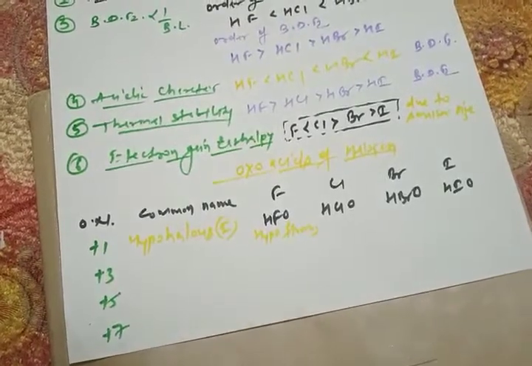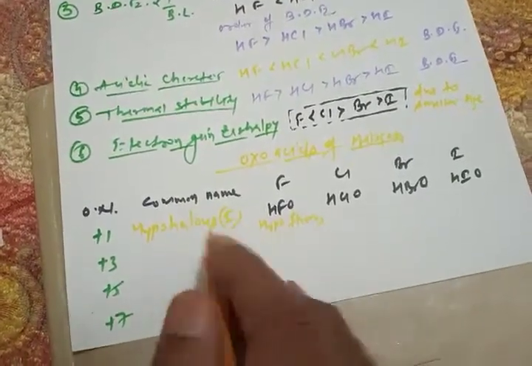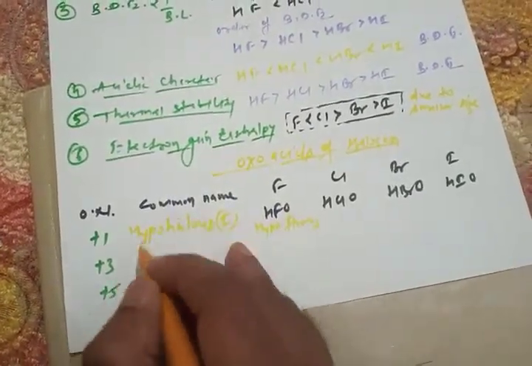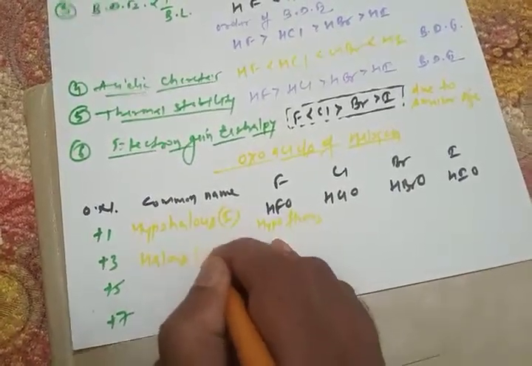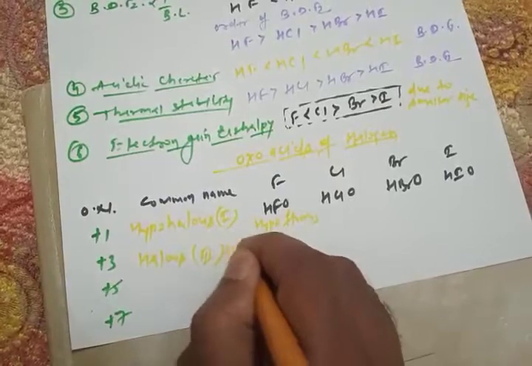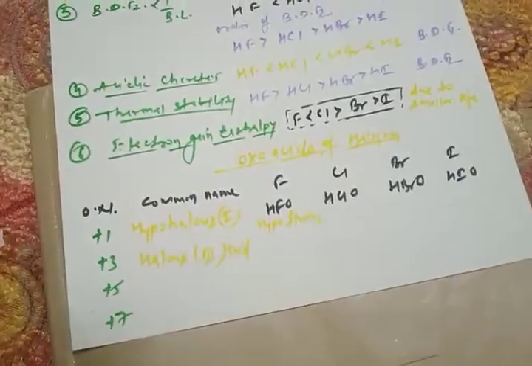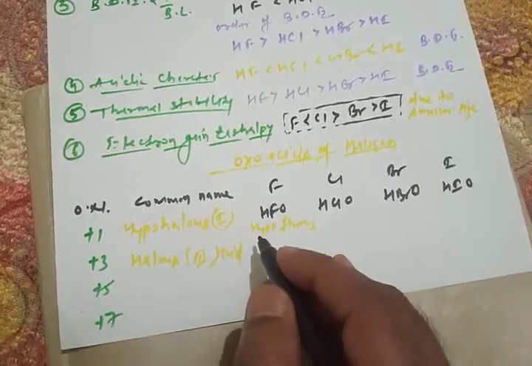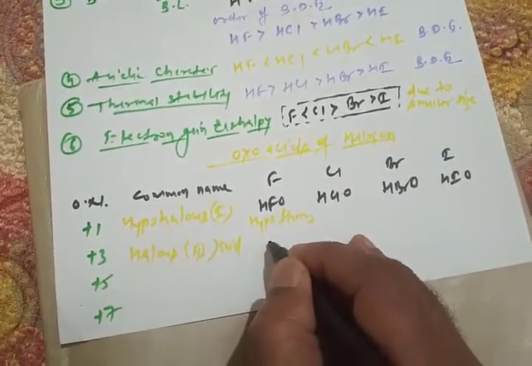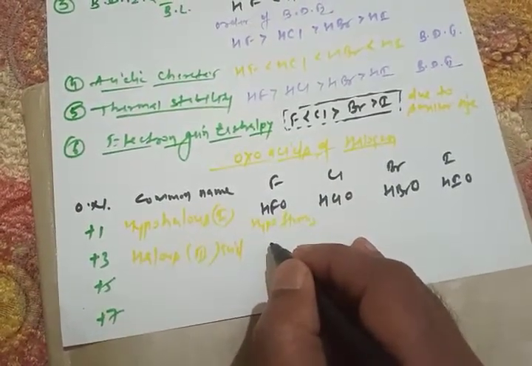Then the second one, with +3, is halous acid. So here we'll go for some examples of halous acid. In fluorine there is no example, because it has only one oxidation state.